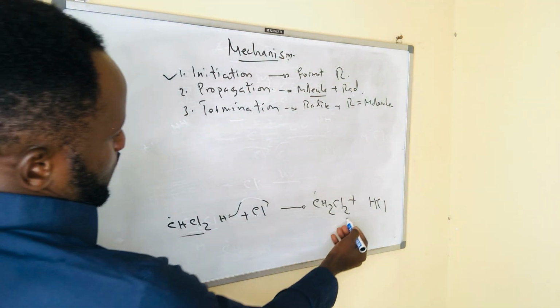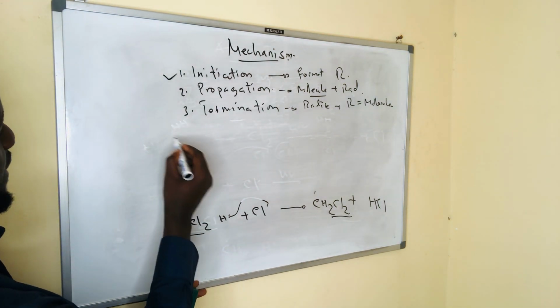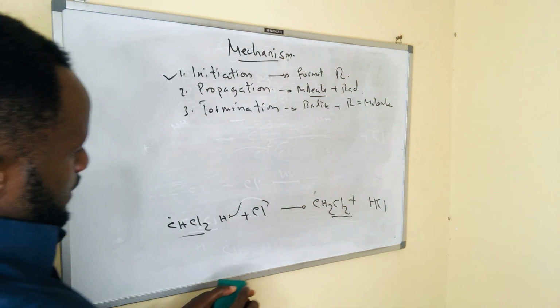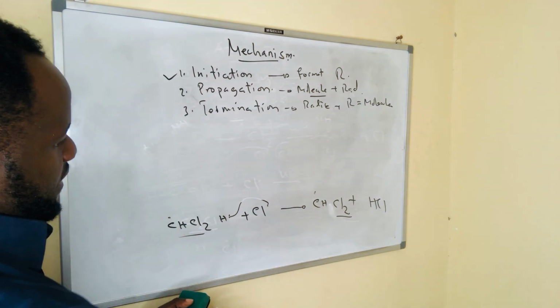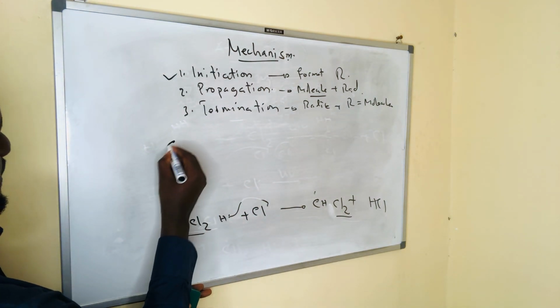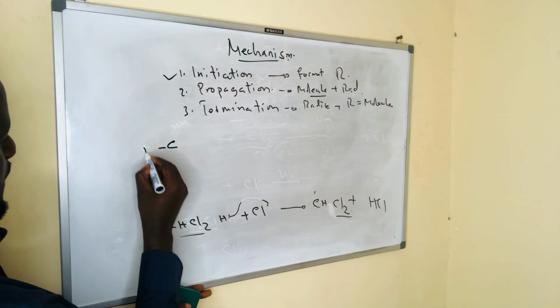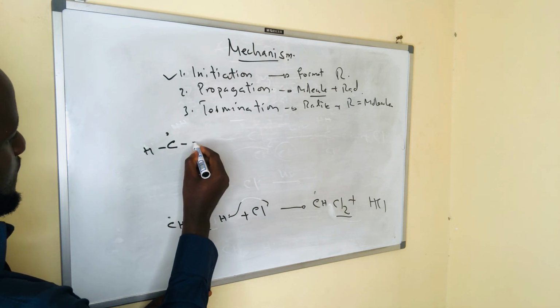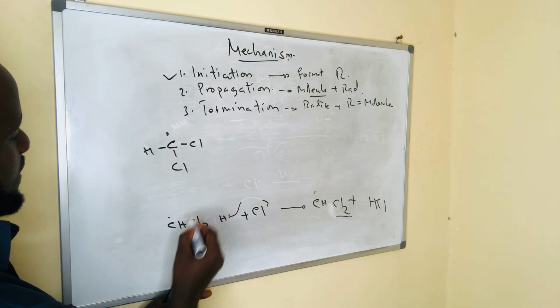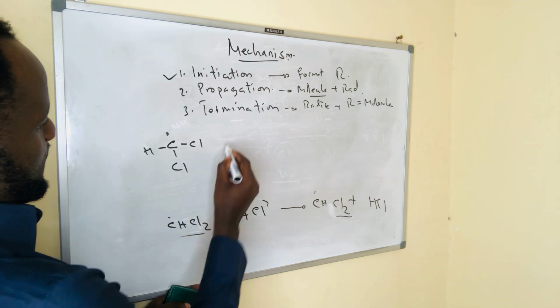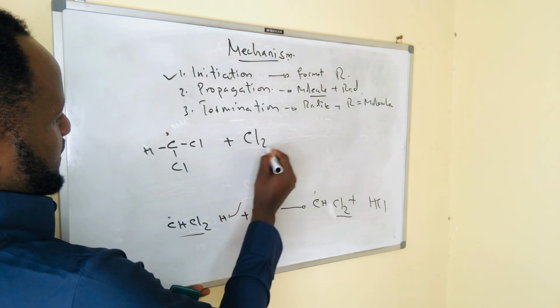And then you proceed with the propagation step. So you take this one as a radical, which is, sorry, here it is CHCl2 radical. So this one is a radical plus molecule, you see?